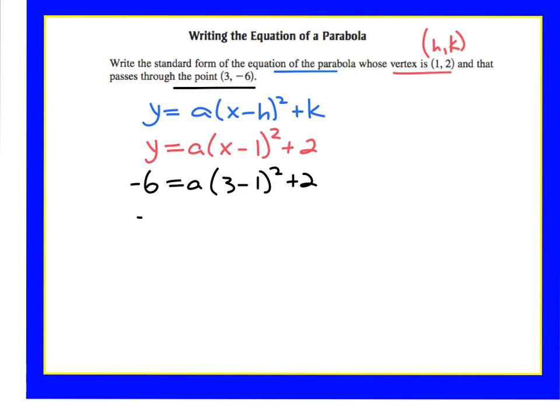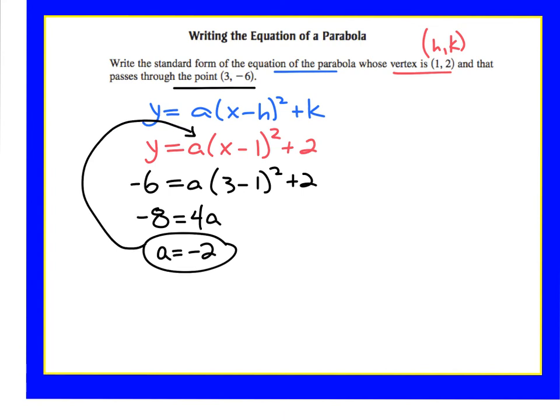So now we end up having negative 8 is equal to 3 minus 1 is 2. 2 squared is 4. So now I have 4a. And then I divide by 4, so I get a equals what? Negative 2. So now I'm going to take that and do what? Substitute back in there. So then I end up with y is equal to negative 2 times the quantity x minus 1 squared plus 2.